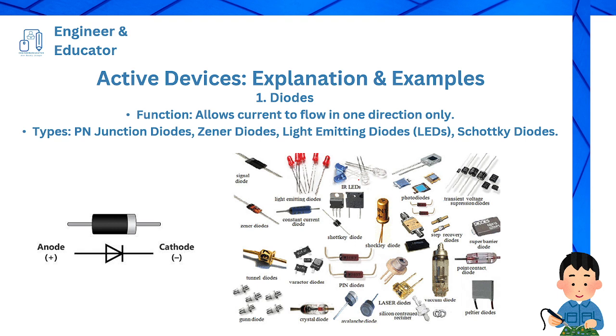The first active device is the diode. You might have heard about active electronic components. These are devices capable of amplifying or processing electric signals, and they are called active components. Diodes are an example of an active component.